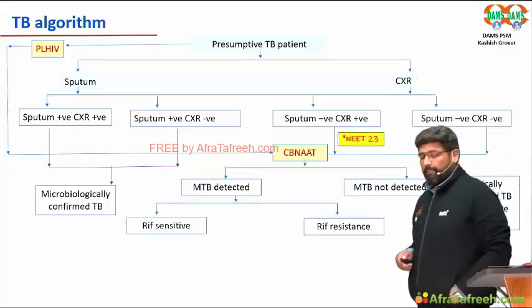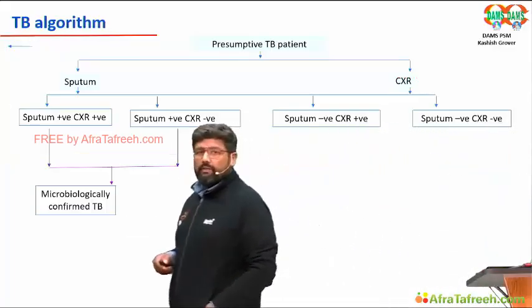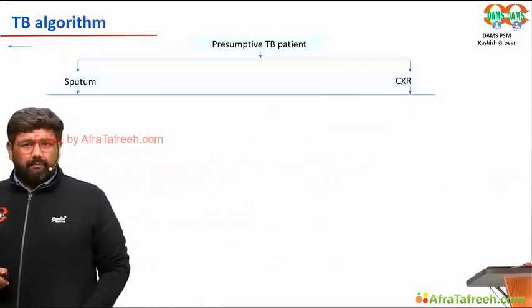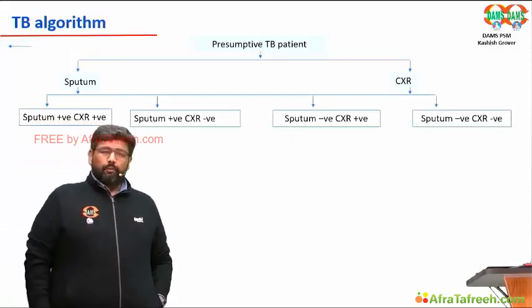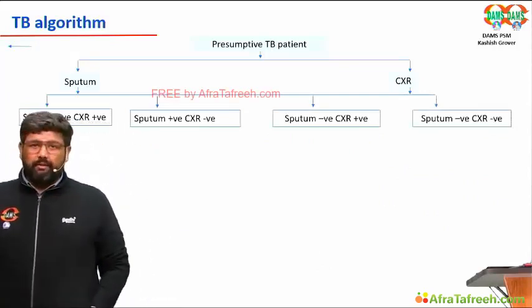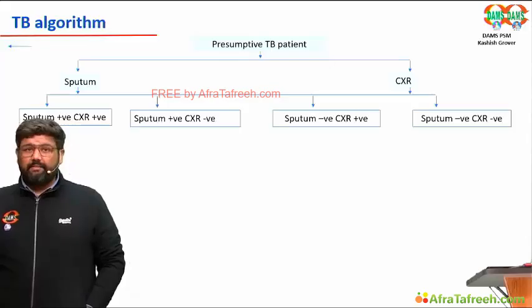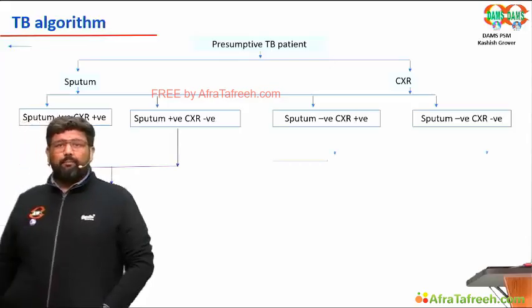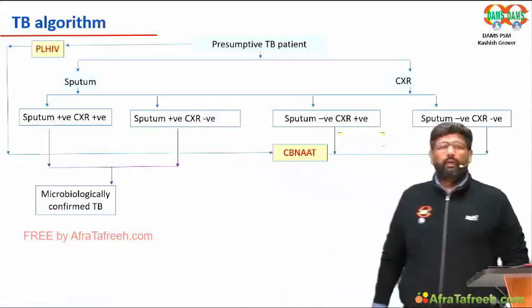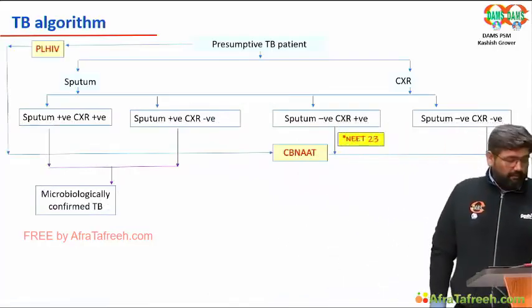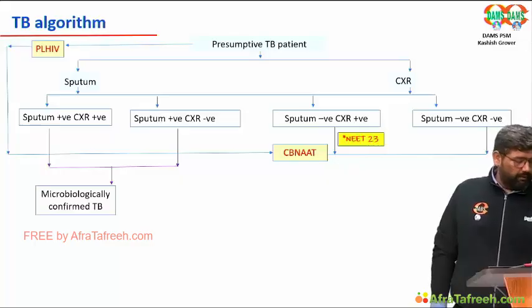Repeating again, quickly focus here. Presumptive TB, go for sputum and chest X-ray. Four options: both positive, sputum positive, then sputum negative with chest X-ray positive. If sputum positive, microbiologically confirmed. If not, CBNAAT. Now, if people living with HIV, go with CBNAAT.